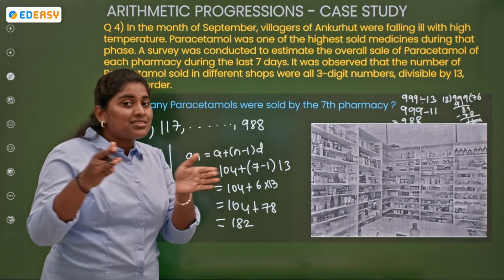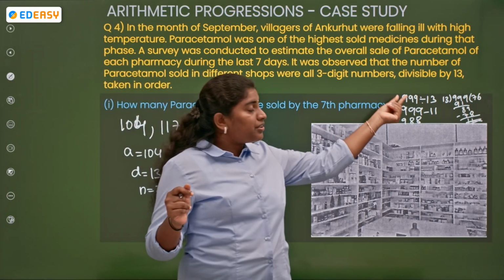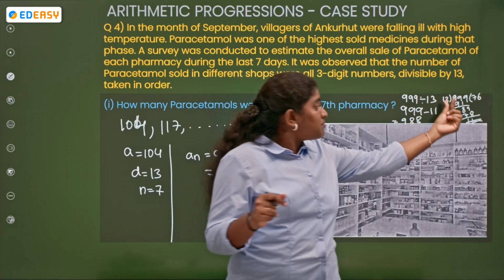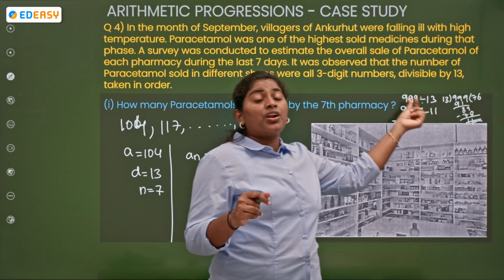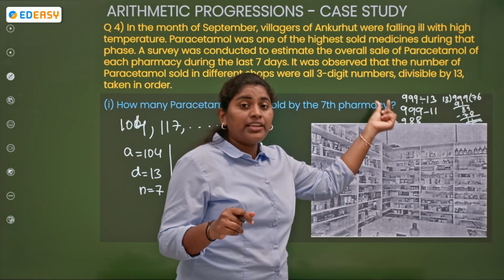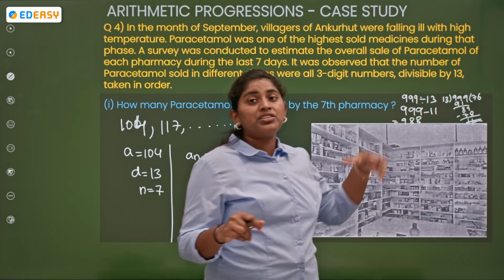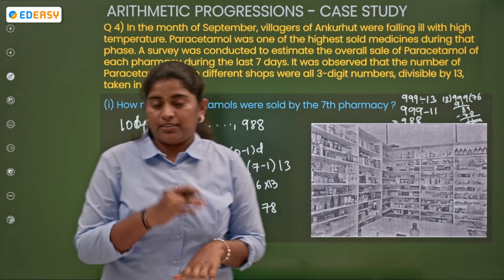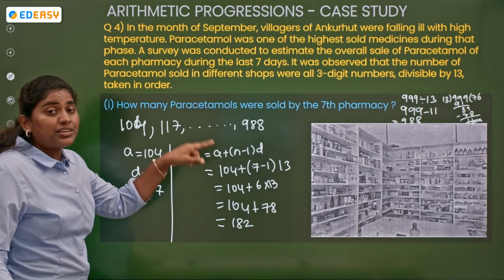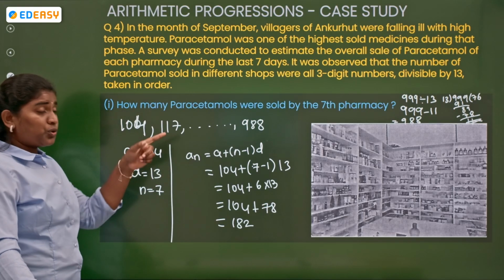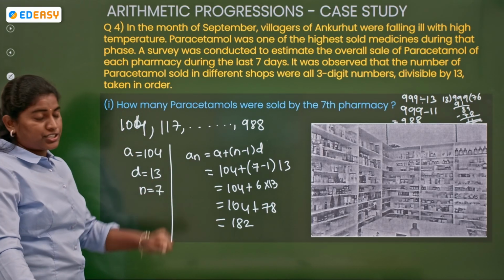What is the last 3-digit number? That is 999. Let's divide that by 13. What is the remainder we got? 11. So from 999, if you subtract 11, we will get a number which is divisible by 13. That will be the highest 3-digit number divisible by 13.